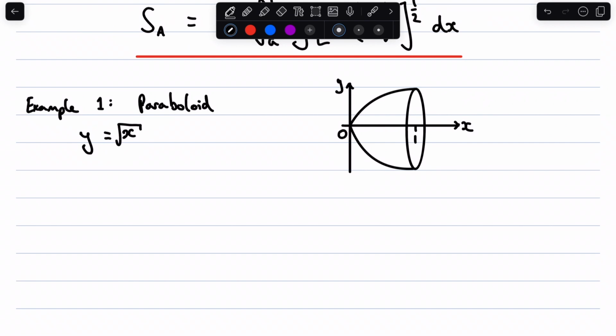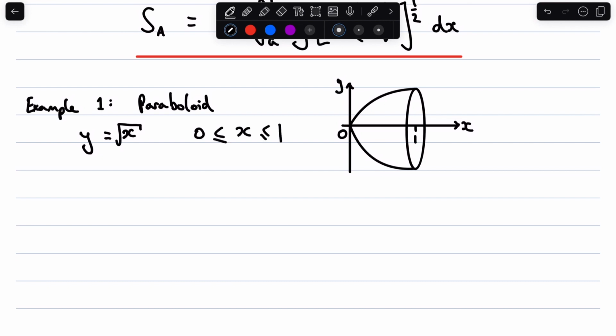For our first example, let's consider a paraboloid, which will be defined by our function y equals square root of x. So this line here represents y equals square root of x, and we'll be considering the range of x between 0 and 1.